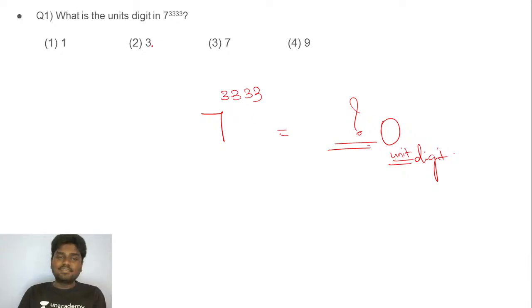You need to find me what is the unit digit of the value 7 power 3,333. That's your question. Come on, guys.